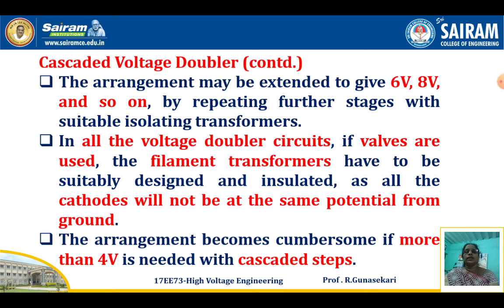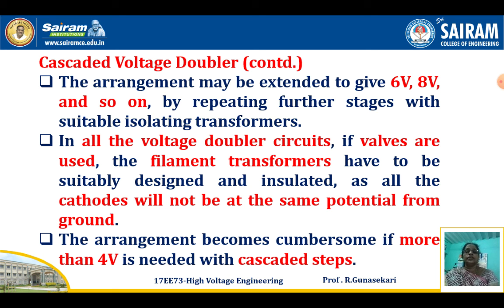In all the voltage doubler circuits, now we are using only rectifiers. Suppose rectifier valves are used in the voltage doubler circuits; we already understood the rectifier valves in the previous lecture videos. The rectifier valves consist of filament transformers, cathodes, anodes.